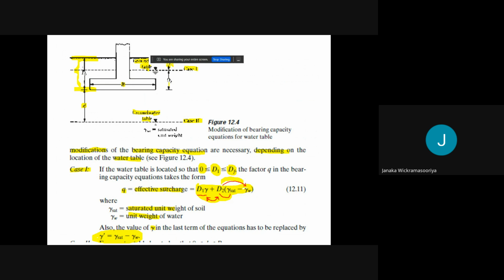Yes, sir. This is case 1. This is D1. Let me check with the book. First, I will explain.